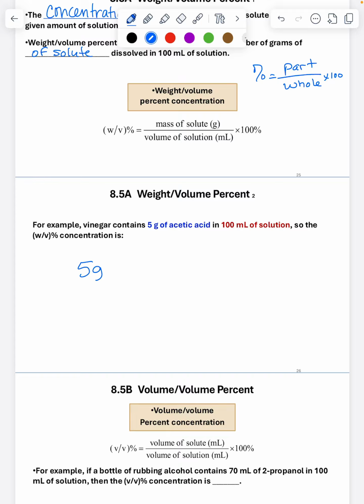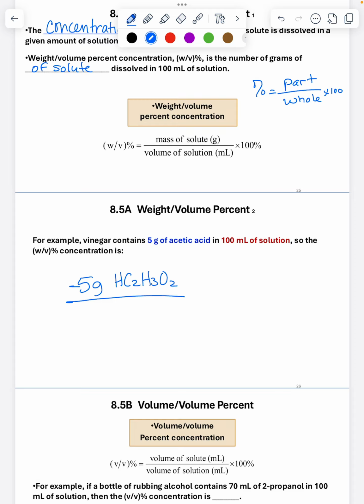So vinegar is nothing more than acetic acid dissolved in water. Times 100, and that's going to give me 5% weight per volume of acetic acid. And so when you buy a container of vinegar in the store, it contains 5% acetic acid. It even says so on the label. So take a look at that next time you buy some vinegar.